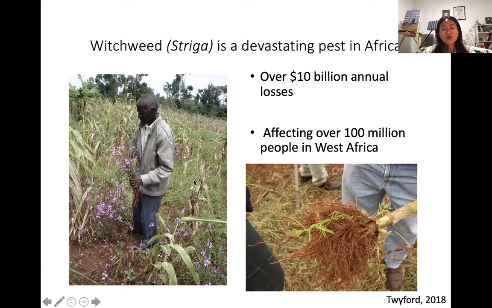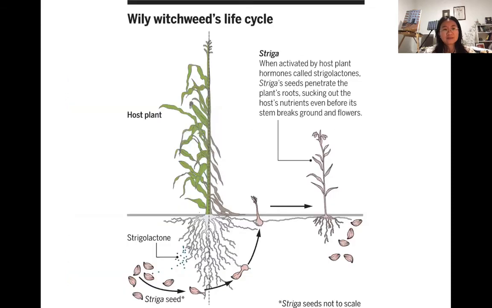You can see a photo from the field: once agricultural land is infected by these parasites, the reduction in the yield is really significant. Sometimes there's no yield at all because they have taken up all of the nutrients from the host. It has been estimated that 100 million people in West Africa have been affected by this pest.